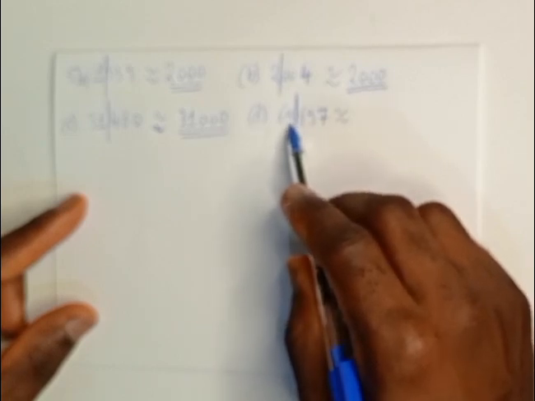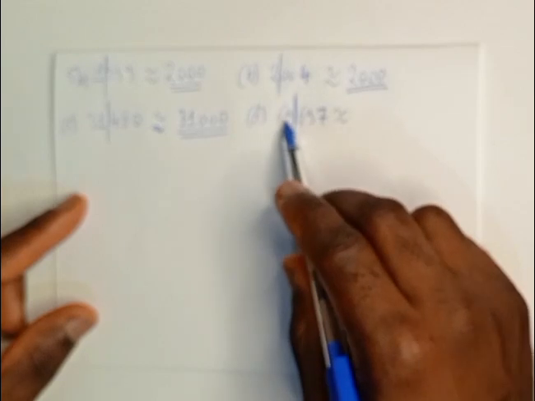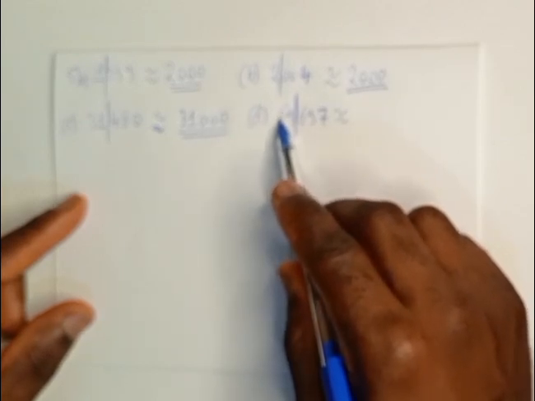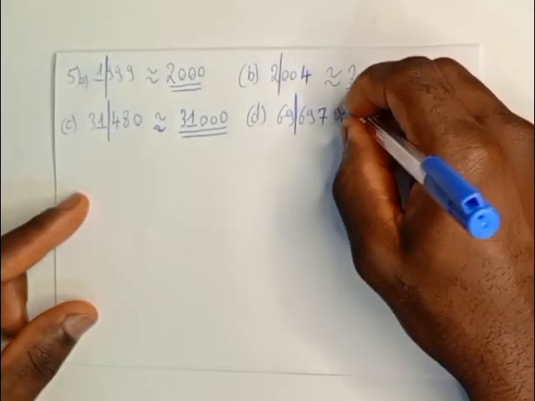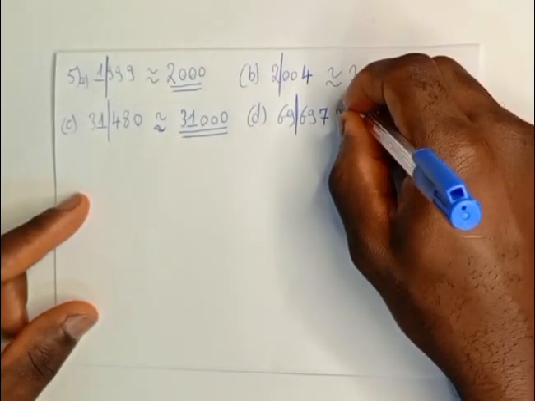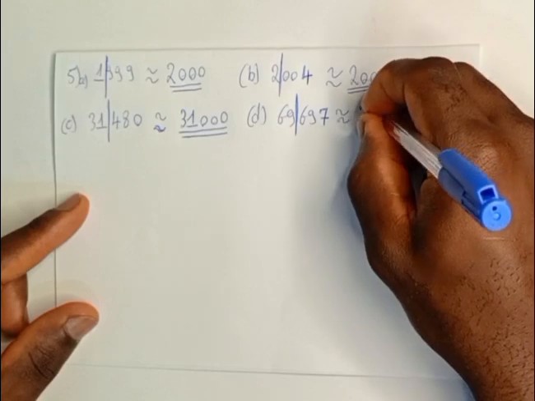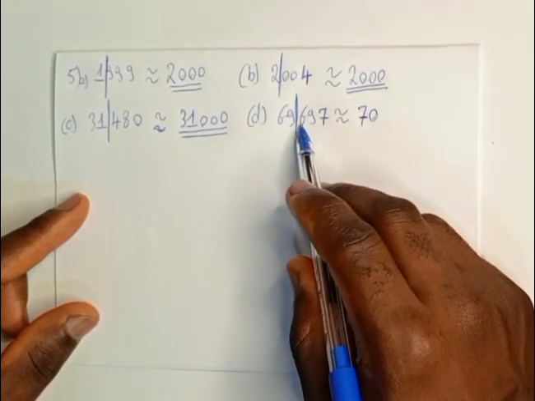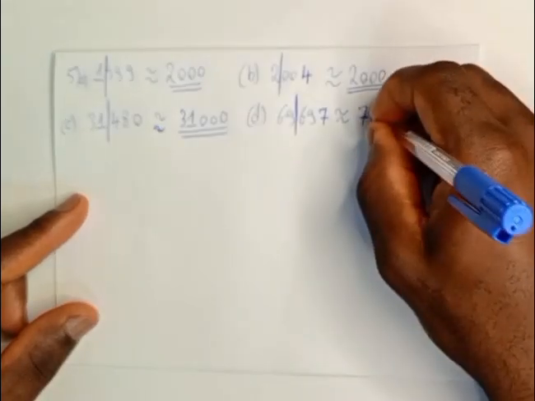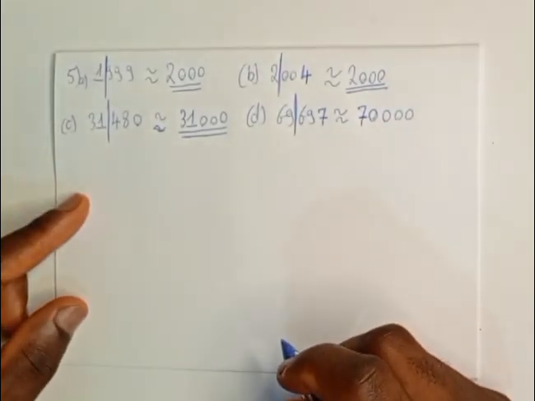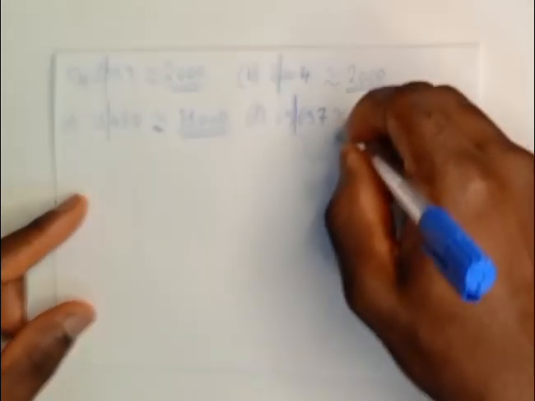We have to add the 1 to this 9. 9 plus 1 gives us 10. We cannot write 10. We are just going to keep the 0. Then we carry the 1 to this 6. 6 plus 1 is 7. This will be approximately 70. Then we attach 1, 2, 3 zeros. And the final answer will be 70,000.